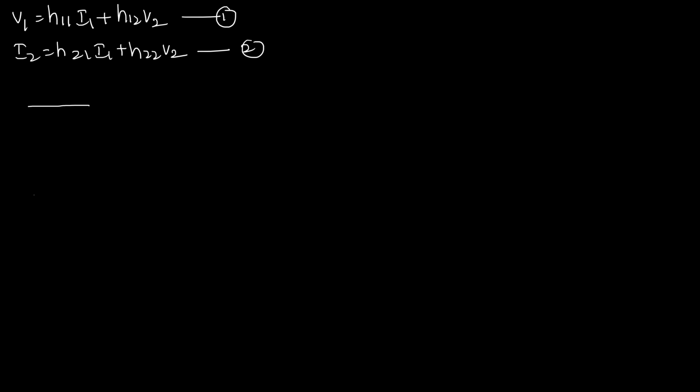First we should write the input and output terminals and the corresponding voltages and currents like this. This is the first port variables, and these are the second port variables. This is V2 and here is I2. Clear? Now look at the first equation.